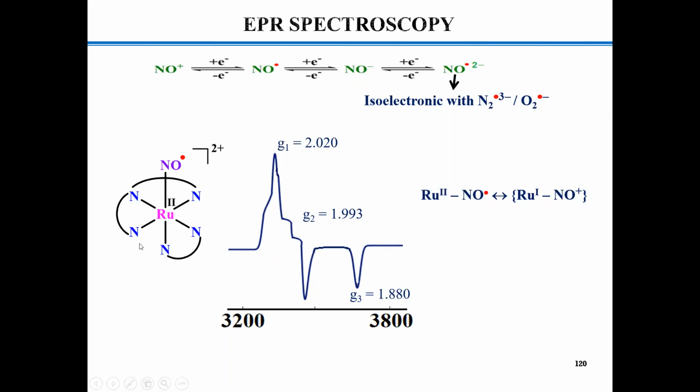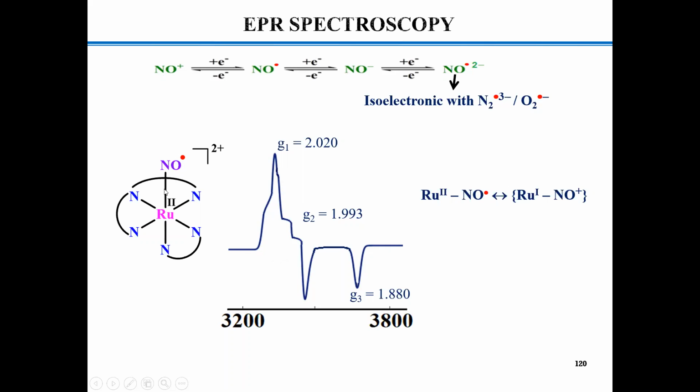Now, if you have a crystal structure of this molecule, you can easily tell whether it is NO dot or NO plus or NO minus. How do you tell from the crystal structure? If it is NO dot or say NO plus, then nitrogen would be in the sp hybridization state. So metal, N, oxygen would be linear, and the angle would be close to 180.